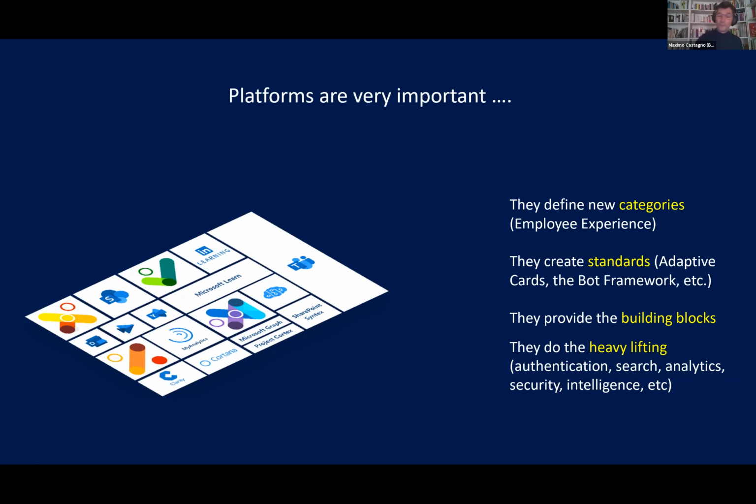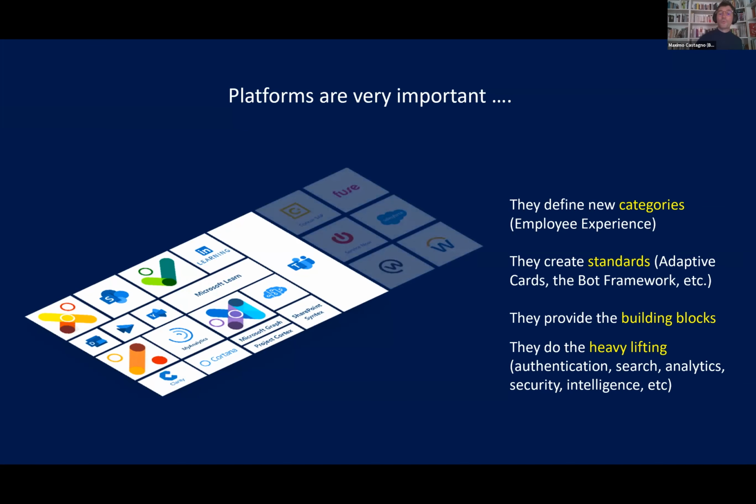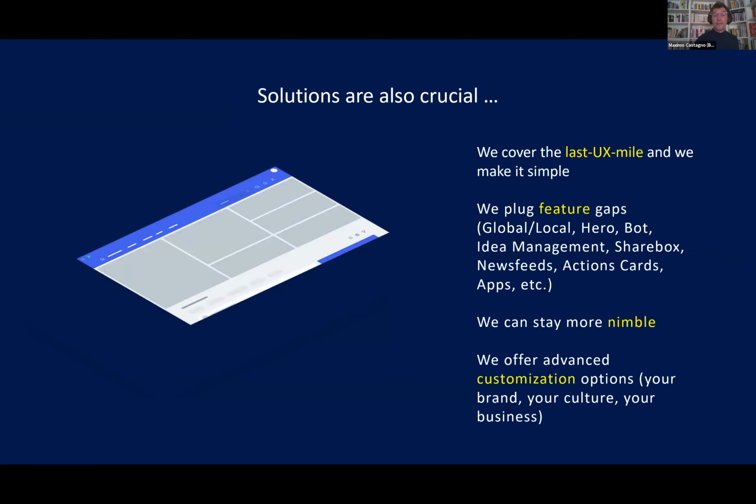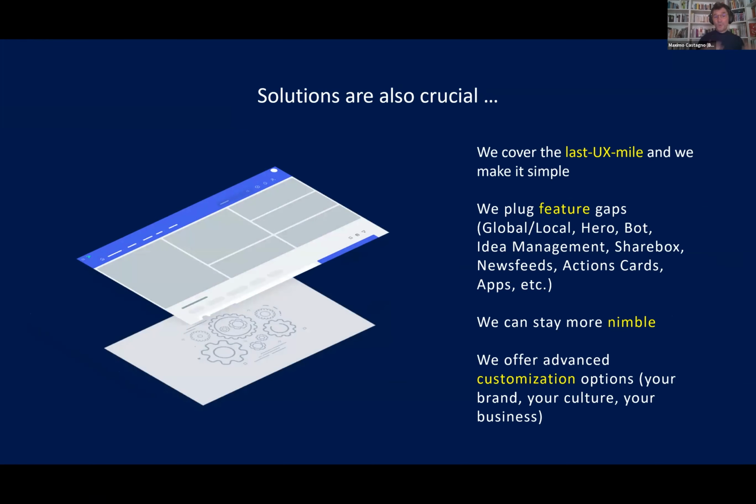And then the other important thing is that when I said platforms, I'm not only talking about Microsoft. We are always connecting to these other platforms, our solution. And now solutions, which is these 2 layers that I presented before, are so important because we kind of cover the last UX mile, as I call it.